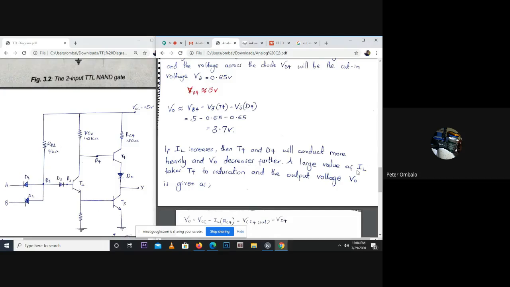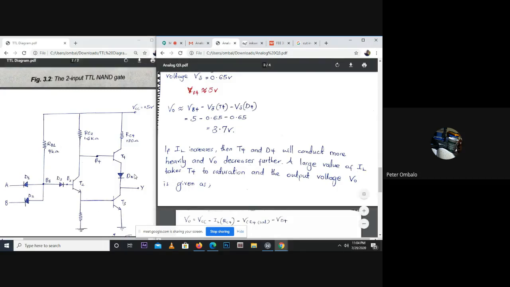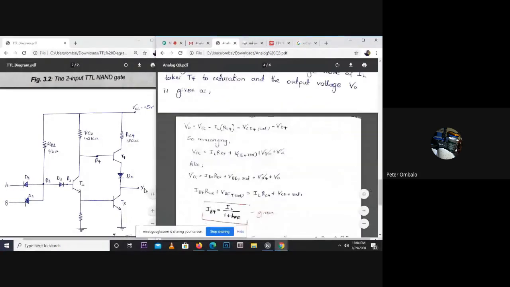A large value of IL takes T4 to saturation, and the output voltage V0 is given as follows.